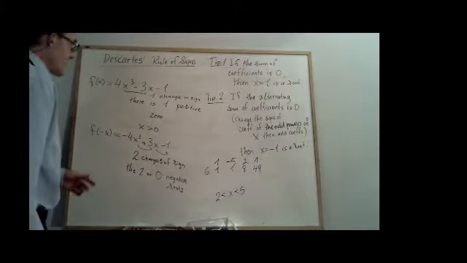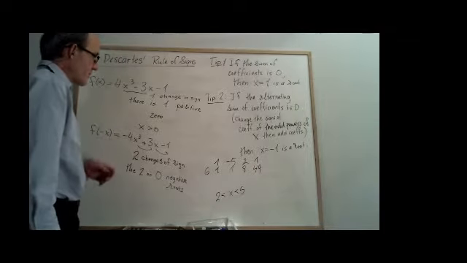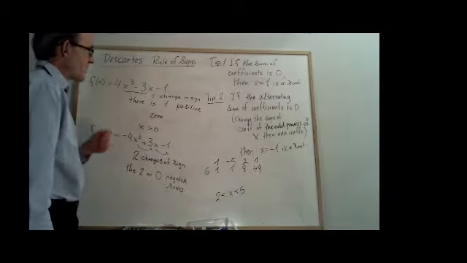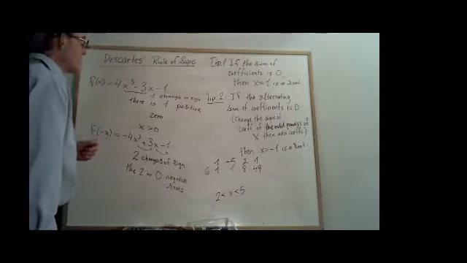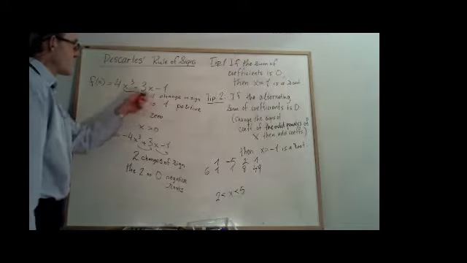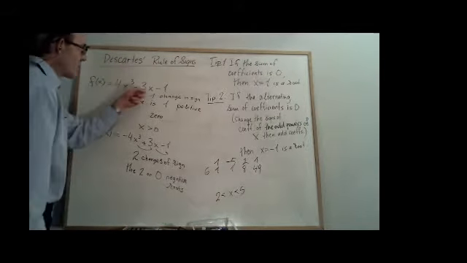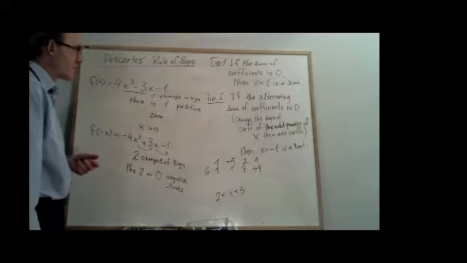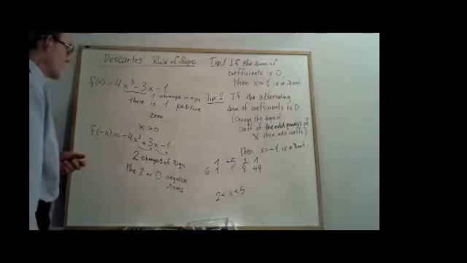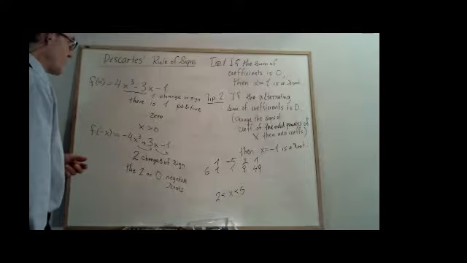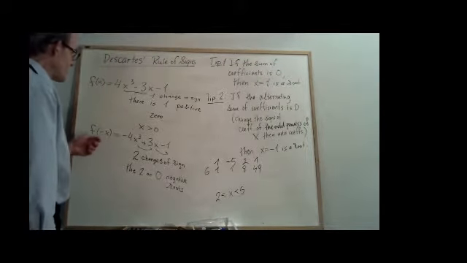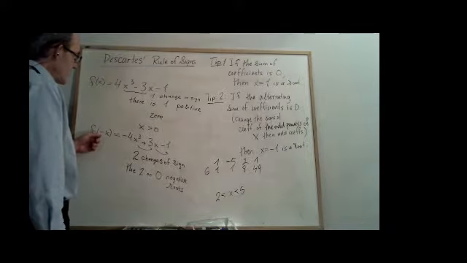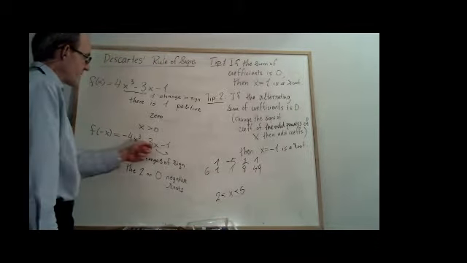So however many changes in sign, in general, you just count the number of changes in sign. If you start with the original polynomial and you do that, the number of positive roots will be that number or any multiple of 2 less than that. Whereas if you want to find the possible number of negative roots, then you replace x by minus x and you get another polynomial.